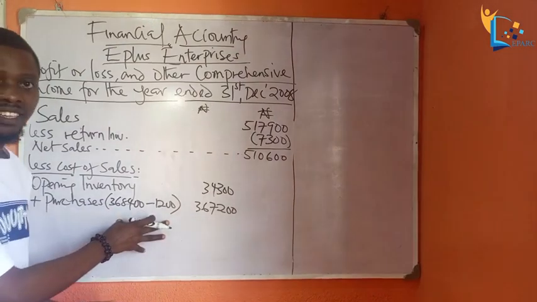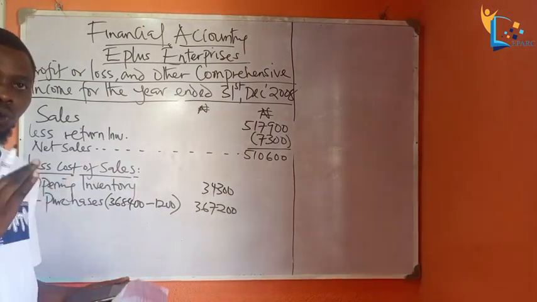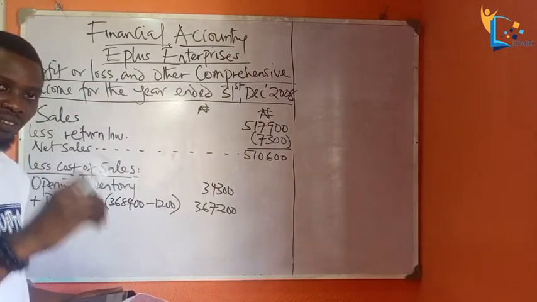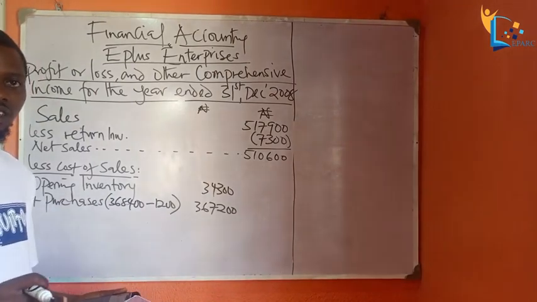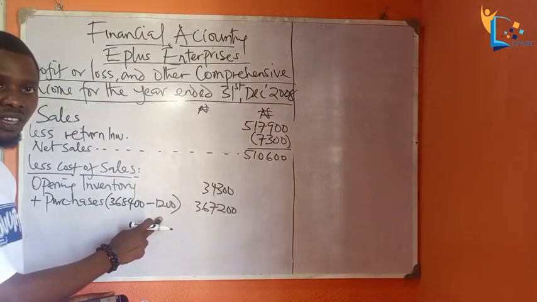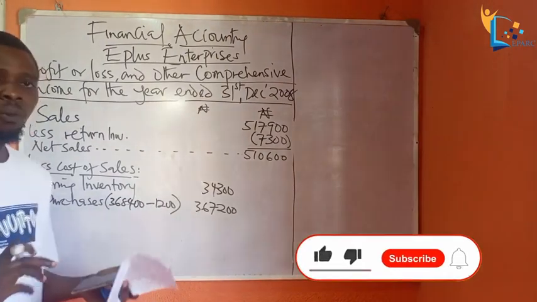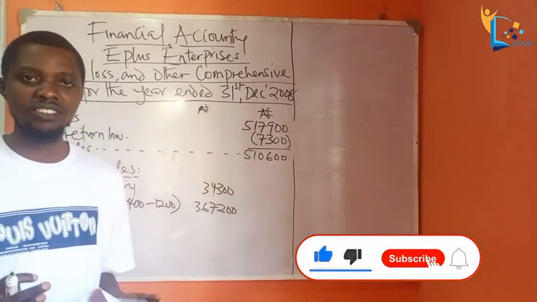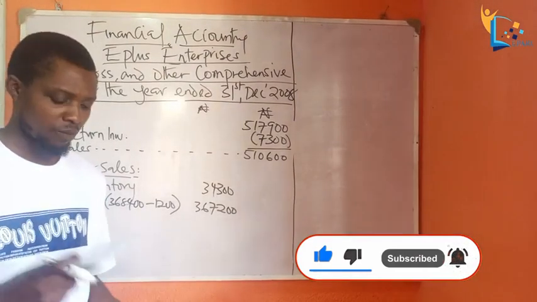Do you understand what I did here? Goods withdrawn affects purchases, that's why we are deducting it from purchases. Are we together? Please use the comment section if you don't understand so I can answer you. Okay, let's move forward.